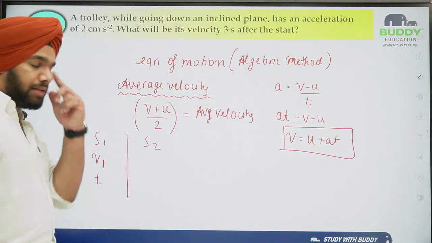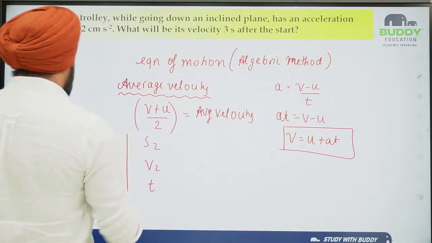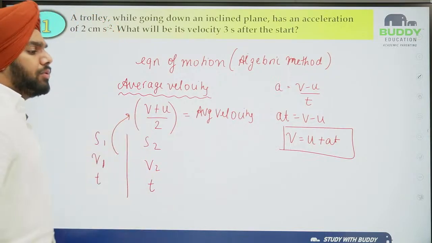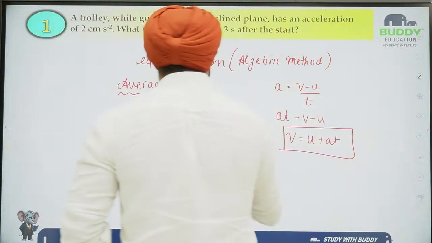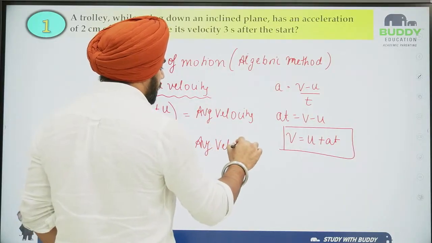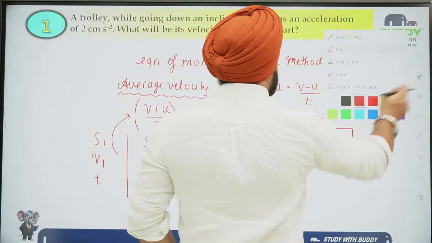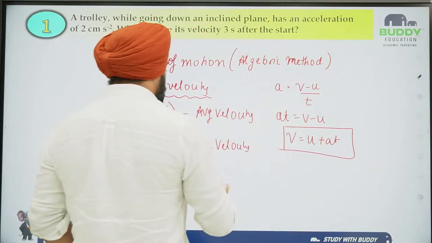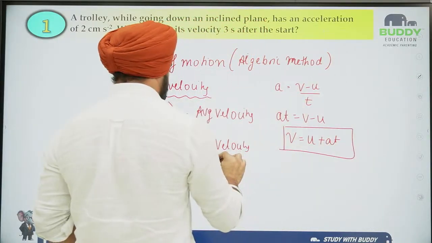In the second case, it was S2 displacement with V2 velocity, but time interval is again the same. So when you write down the formula, because average velocity is total displacement, right? Total displacement here comes out to be S1 plus S2, right?